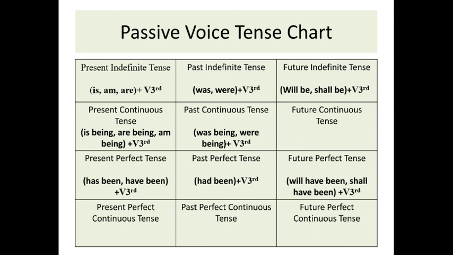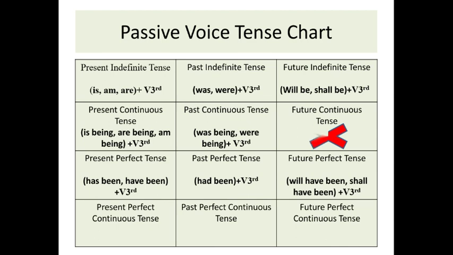When we make passive of past indefinite tense, we use was or were with the third form of verb. When we make passive of future indefinite tense, will be or shall be with the third form of verb are used. Present continuous tense: is being, are being, am being with the past participle. In past continuous tense, was being or were being are used.